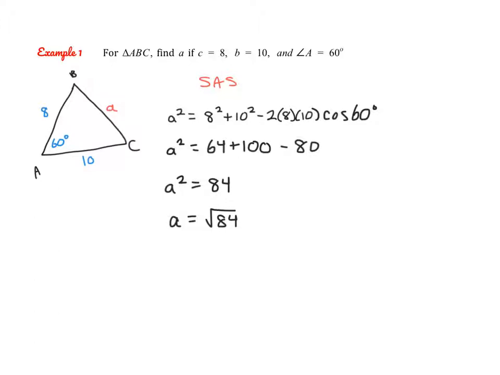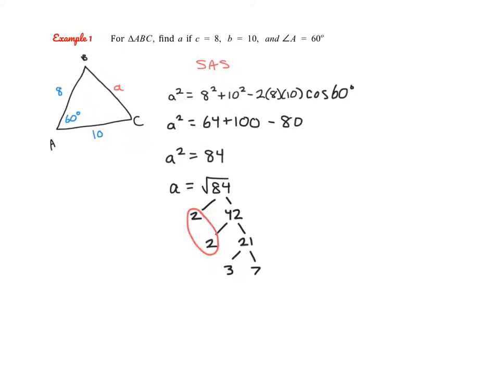So let's try simplifying the radical. Let's start our factor tree. Here we could do 2 times 42, which will be 2 times 21, which will be 3 times 7. So you can see that I have a pair of 2's. So we can say A is equal to 2 times the square root of 3 times 7, which is 21.